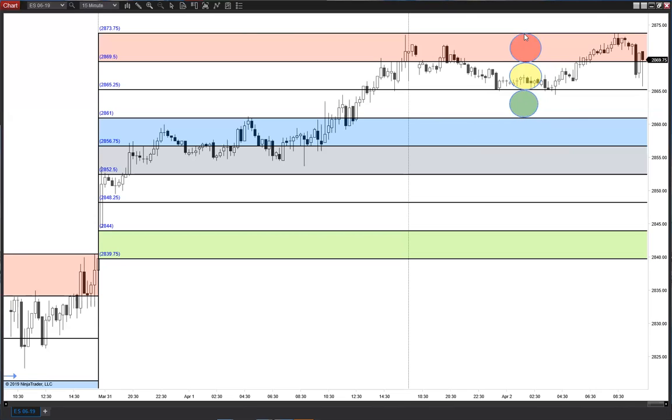If we take out the high, we know that we've got another box above it. And we're going to use about the same interval size. So support box right now is this 61. And the 65.25 is the immediate support. And the resistance box up here from 69.5 to 73.75.